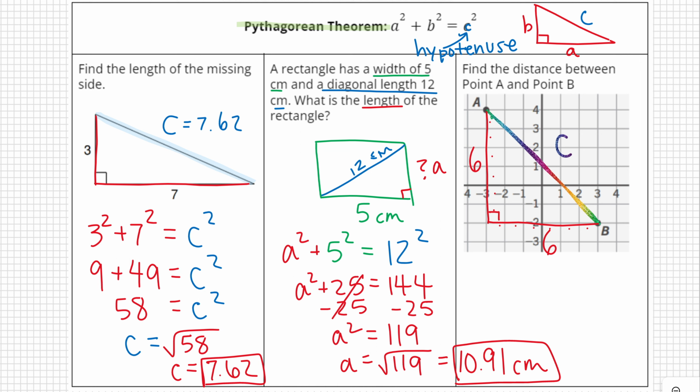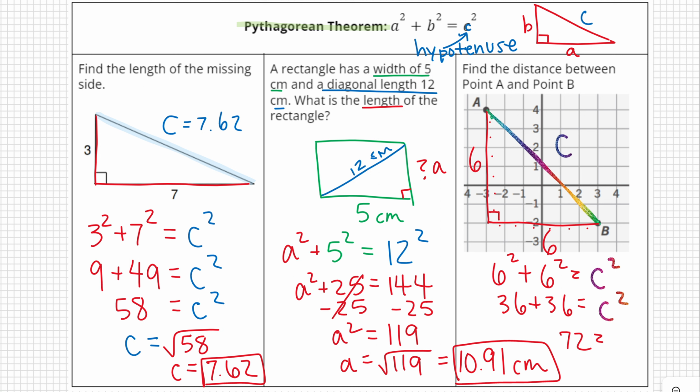In this case, it's also 6 squared is equal to my hypotenuse, C squared. 6 squared is 6 times 6, which is 36. So 36 plus 36 is equal to C squared. 36 plus 36 is 72, is equal to C squared.